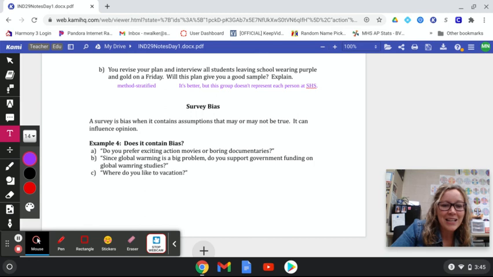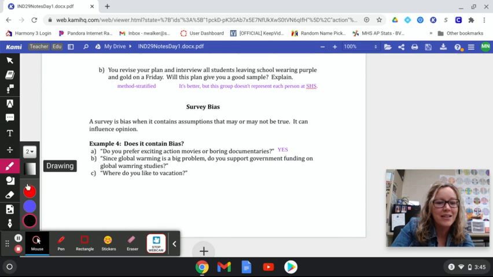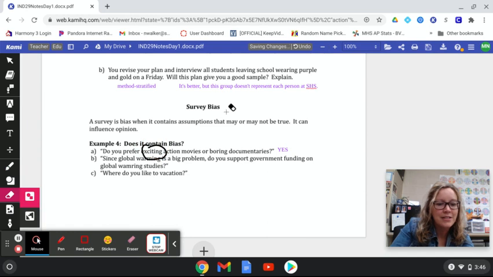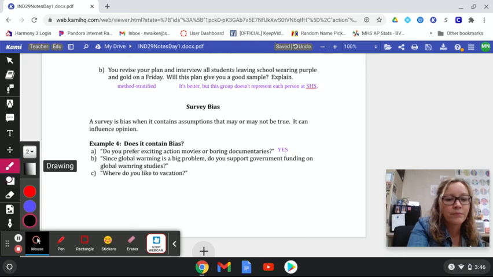So on this one, it definitely does contain bias. The words in there that make it like this are the words exciting and boring.